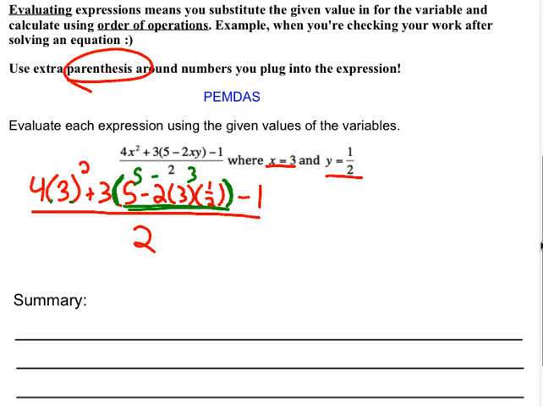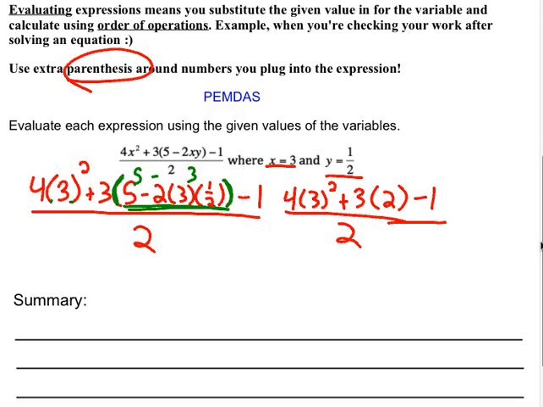So really in here we have 5 minus 3, and that's going to give us 2. So I'm going to simplify that whole parenthesis to just a 2. So I forgot the minus 1. Okay, so I dealt with my parenthesis that was there in the original problem.